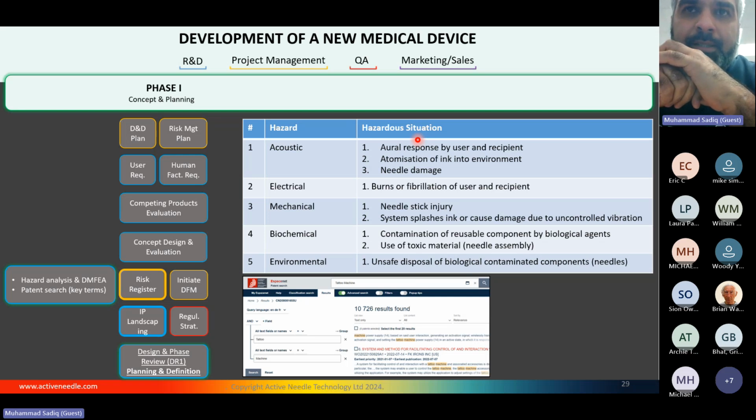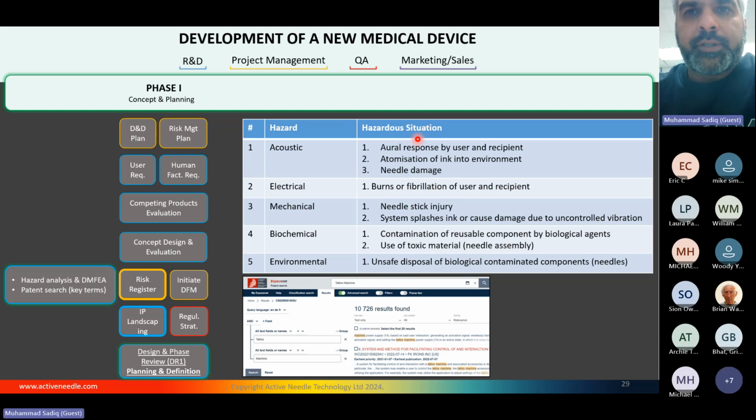For all of our devices, for any application, we have some standard hazards that we normally look at. Since it's an ultrasonic device, we have to look at the acoustic hazards. We have an electrical part to it as well. So we look at electrical, mechanical, biochemical, and environmental hazards. Then there are obviously project risks as well.